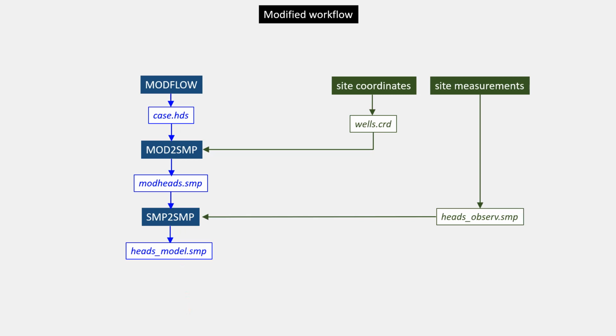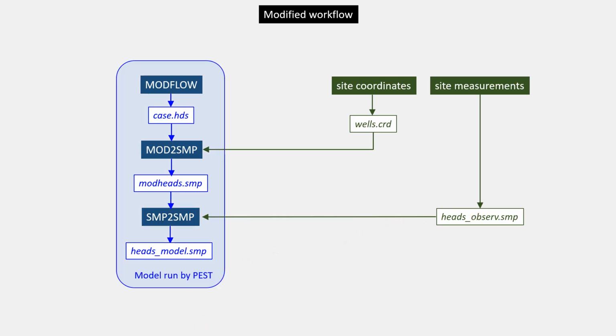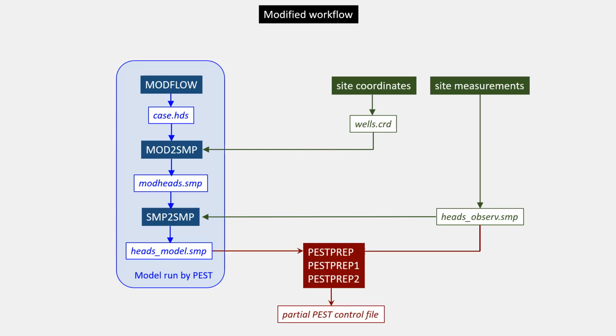Samp2Samp then reads the site sample file written by Mod2Samp, and writes another site sample file containing the model-generated counterparts to the measured heads. So this is the model run by PEST. And then, as we saw before, we can use a member of the PEST prep family to build a partial PEST control file.